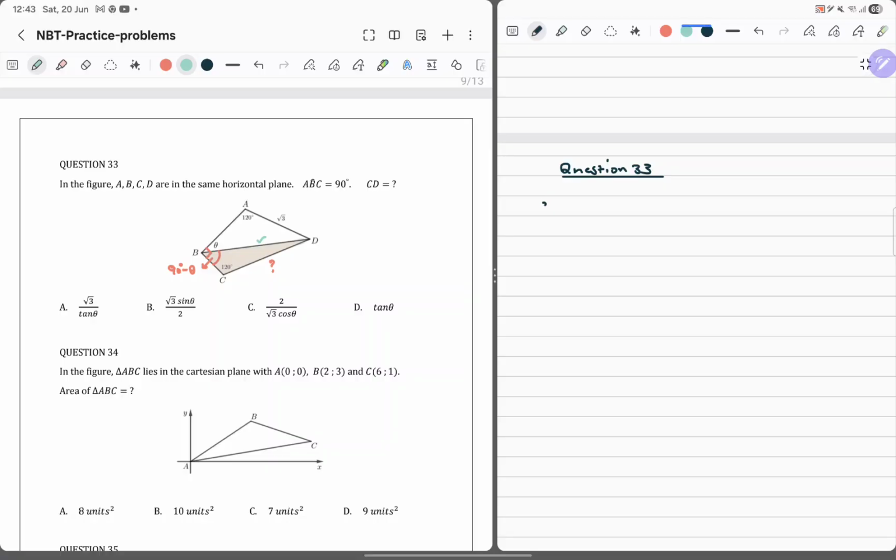Okay, let's start. We're going to say in triangle ABD, we know that we want BD. So BD over the sine of the angle opposite that. We just cut to the chase at this point, guys. It's going to be root 3, which is the side AD, over sine theta. Nice and simple. So this is the sine rule.